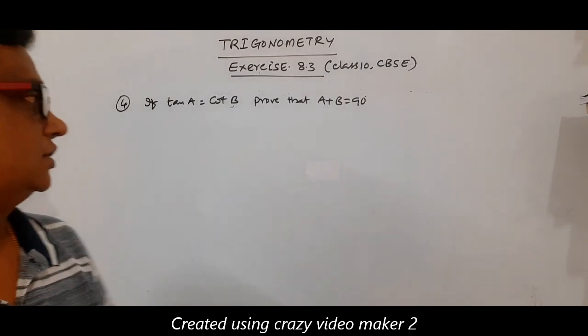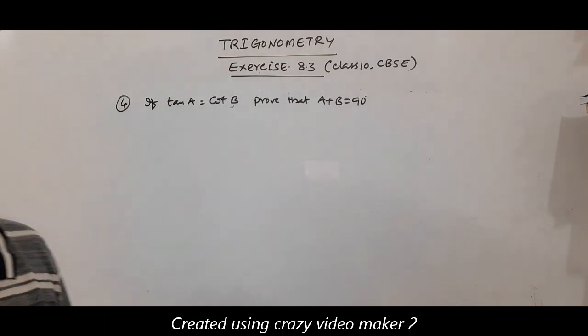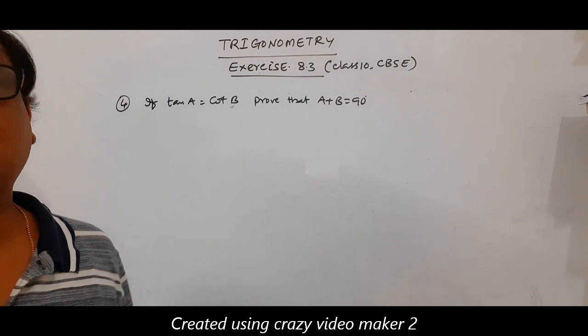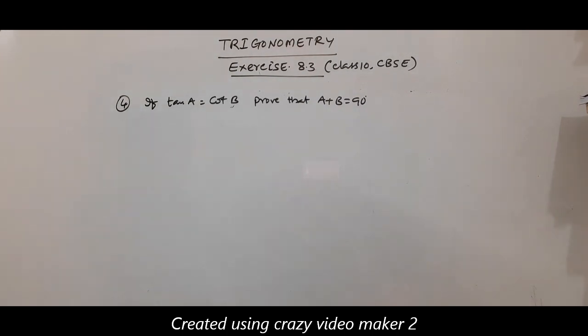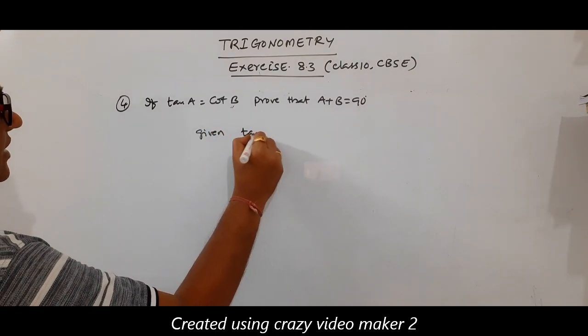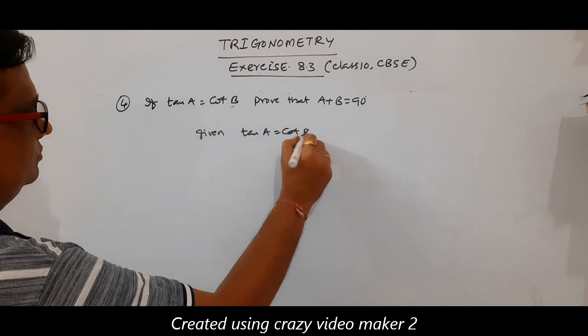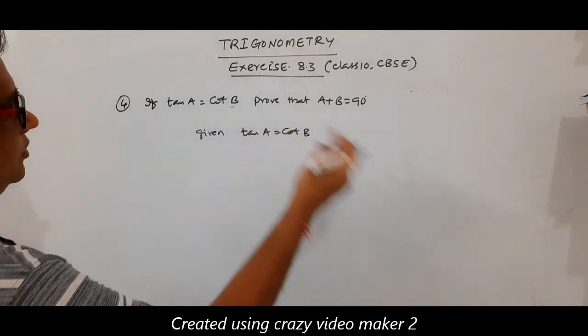In this question, tan a equal to cot b. Prove that a plus b equal to 90. With the help of a triangle also we can prove that, but here we are using complementary angles. So given tan a equal to cot b, we are removing these ratios, either tan or cot will be removed.